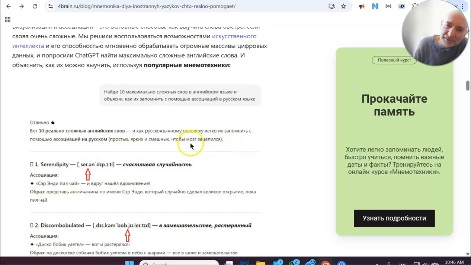Чтобы мозг зацепился. So, чтобы means in order to. Mozg, brain. And зацепился comes from зацепиться, which means to stick to it. For example, if someone says, я шел по улице и зацепился за гвоздь, it means I was walking on the street and I got caught by a nail. Зацепился за гвоздь.